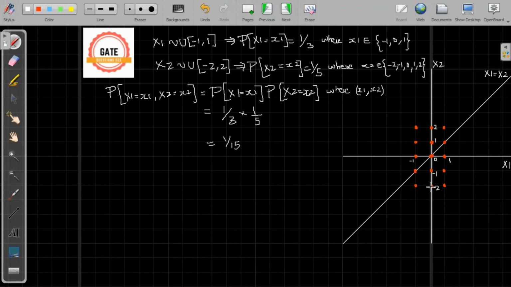So after drawing this joint distribution of x1 and x2 in the x1 x2 plane, we can easily find out what the PMF of Z2, which is the minimum of x1 and x2, will be.